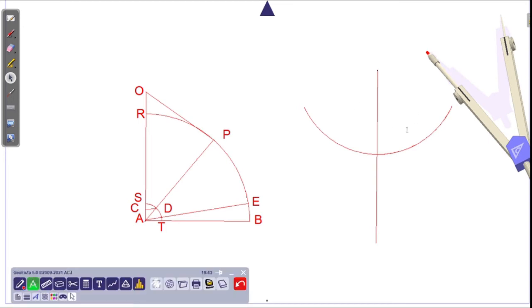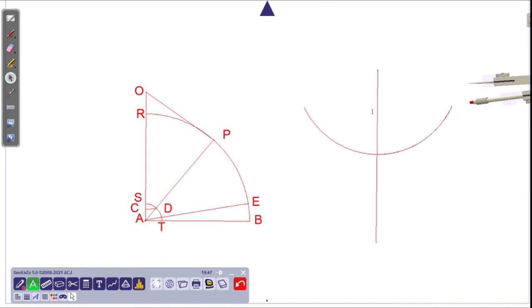For drawing the latitudes, we need the value of points B and E. We need this value.